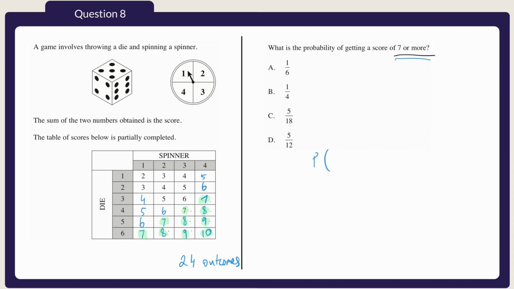So the probability of a score of 7 or more is going to equal 10 over 24. And we can simplify that down to 5 over 12. So the correct solution for that one is going to be D, 5 over 12.